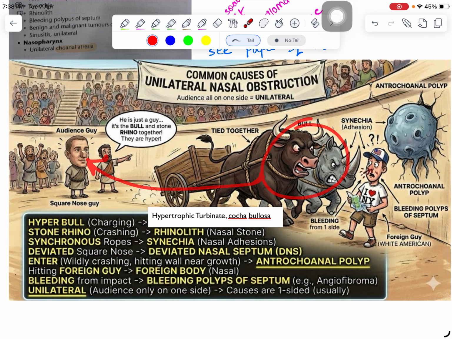But instead this bull and this rhino are so knowledgeable that they have sympathy towards this bad square nose guy. Instead of attacking him, they start to attack the foreign guy. Because of the attack, this foreign guy started bleeding to death. That is the story.